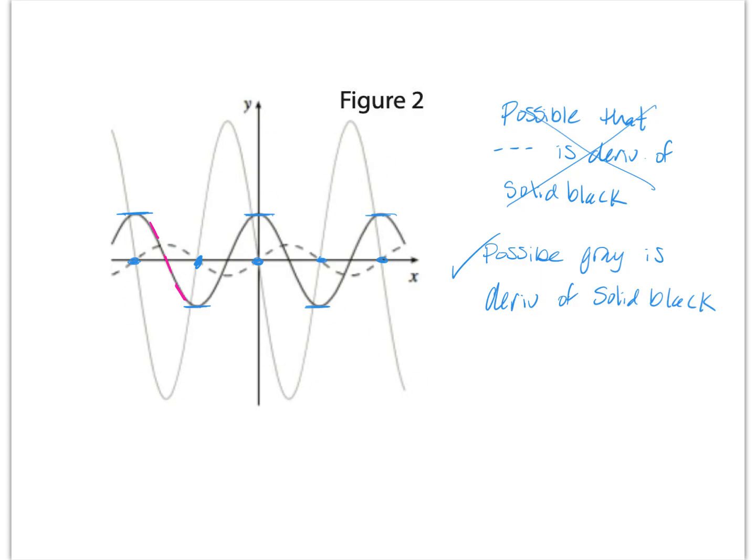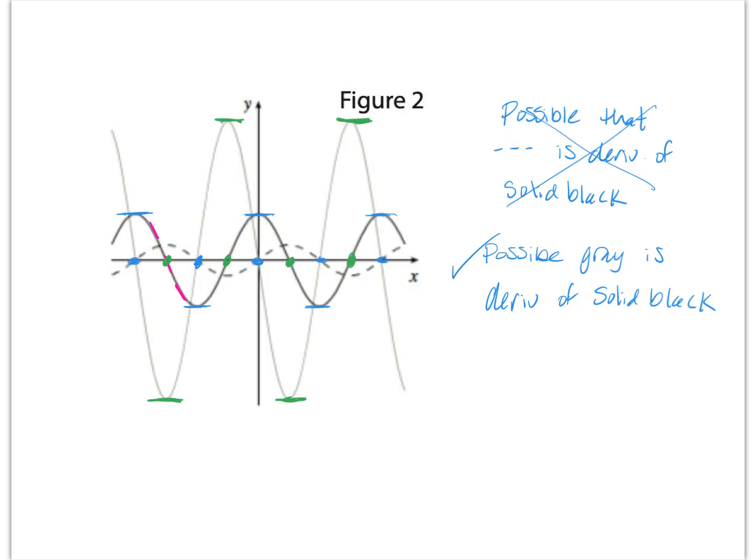Does that appear? Okay, so the derivative of the gray curve. So I'm going to draw some horizontal tangent lines and see if the derivative of the gray appears. So I have a 0 here and here and here.